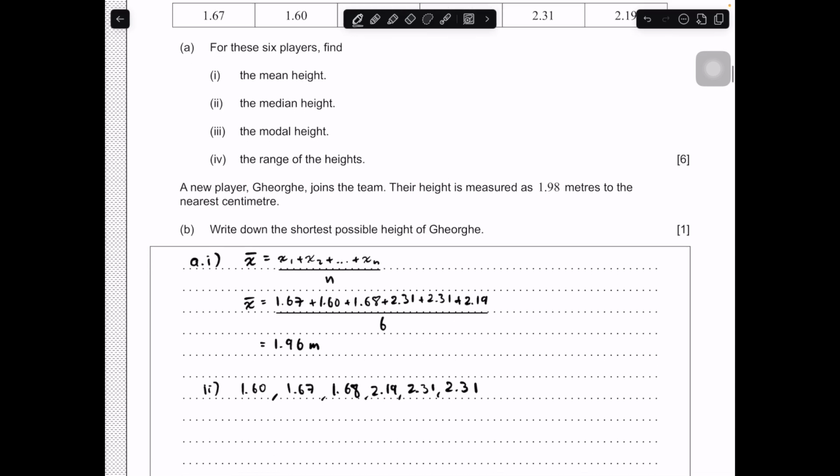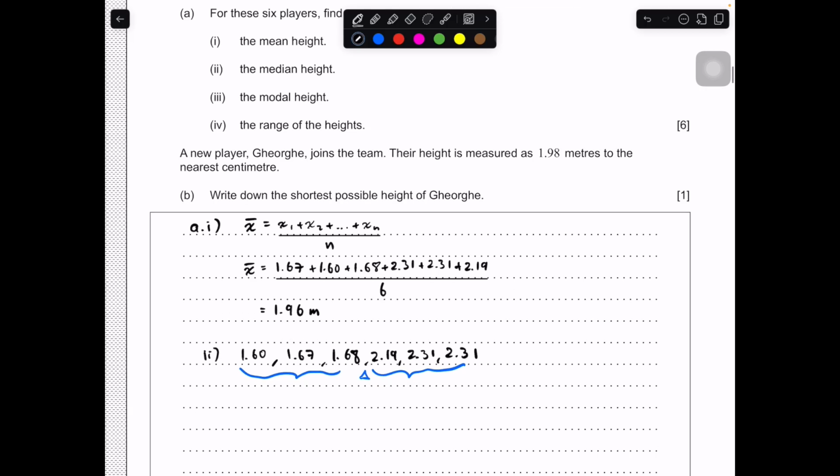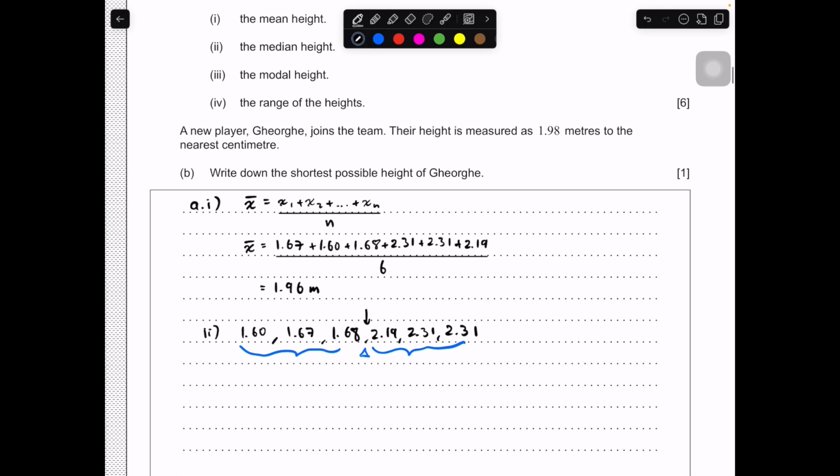So the median, remember, is the balance point in some ways. It's the point at which we divide our data set into exactly 2 halves. And here, since we have an even number of values, the dividing line is between 2 values. In that case, we take the average of these 2 middle values.